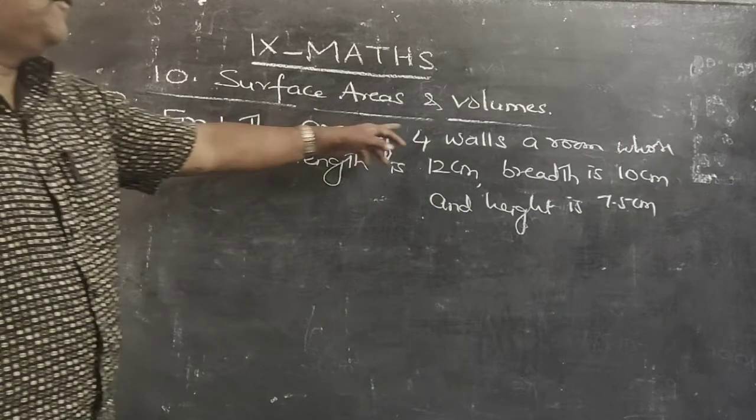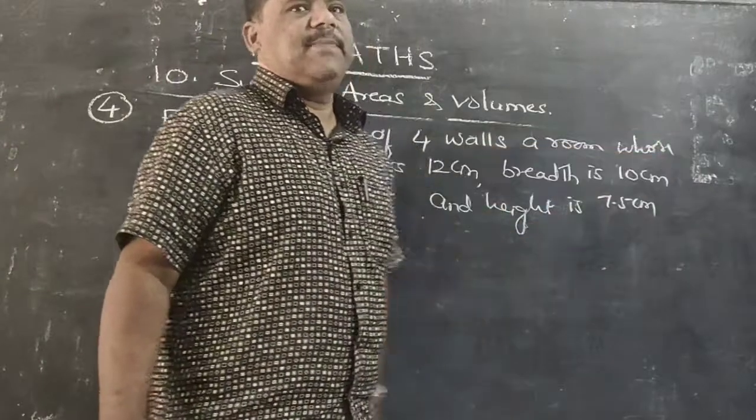We have to find area of 4 walls of a room. Room is in the shape of a cuboid.